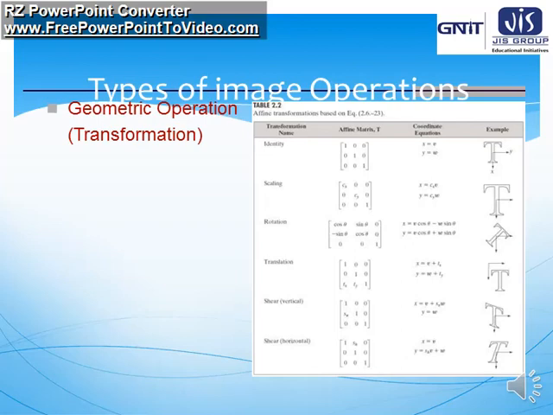So all the examples have been given. This shows the different types of transformations, and the corresponding coordinate equations and examples are given here.